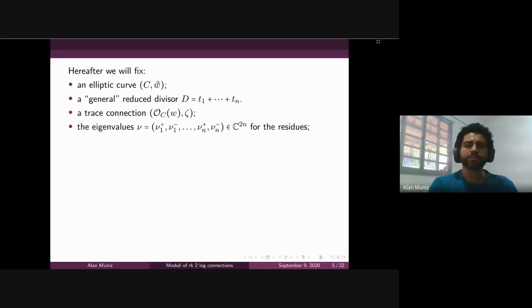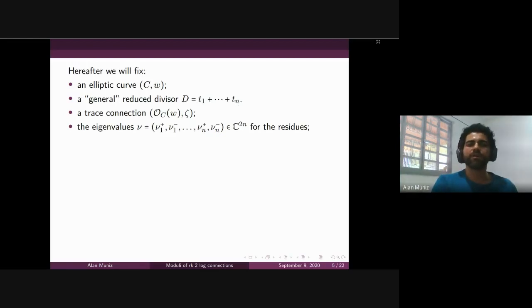So we fix the data that we want: C is an elliptic curve, already polarized. W is a point that will be the identity of the group structure. D is a general reduced divisor with n points.